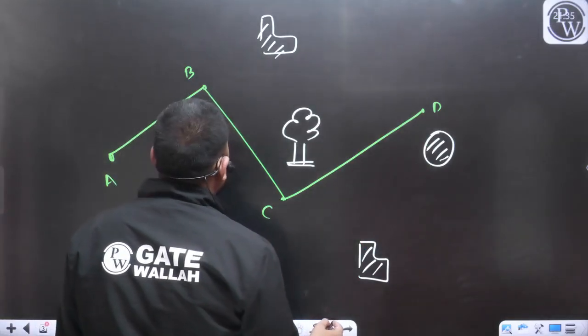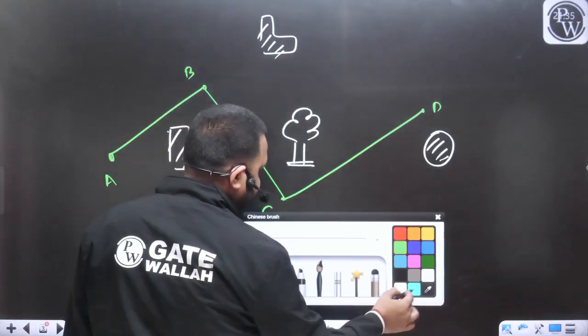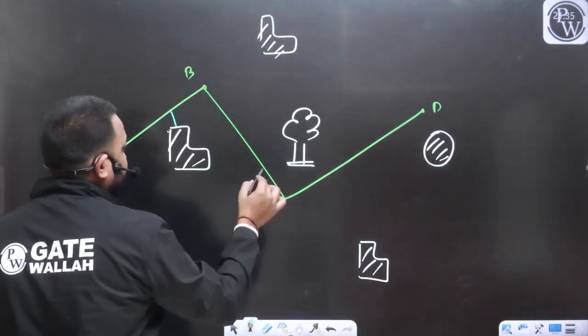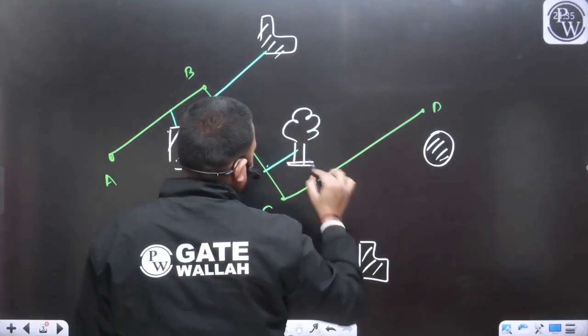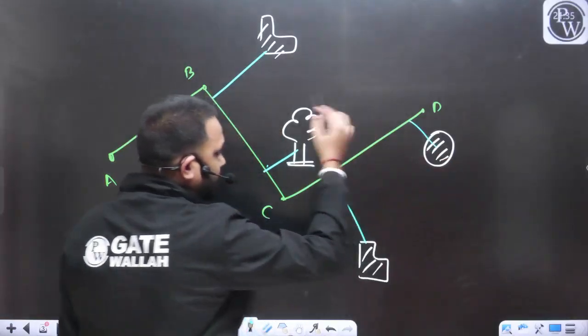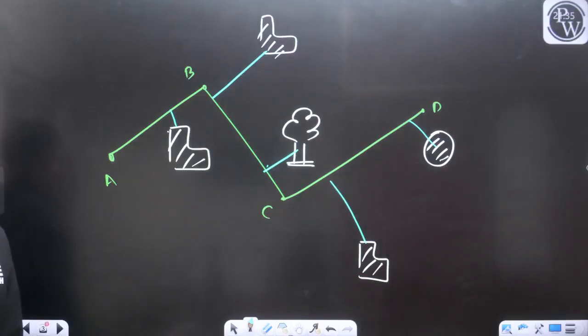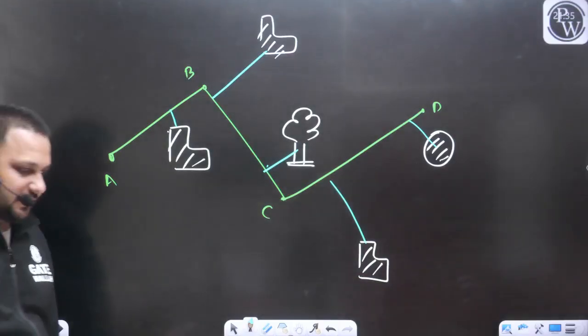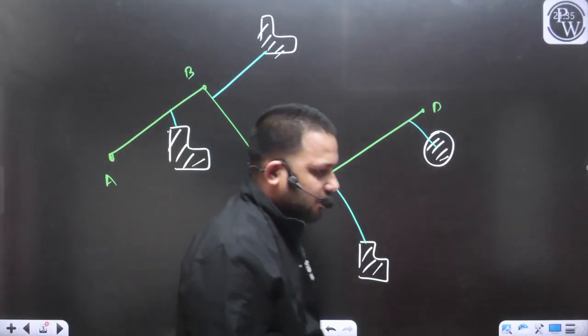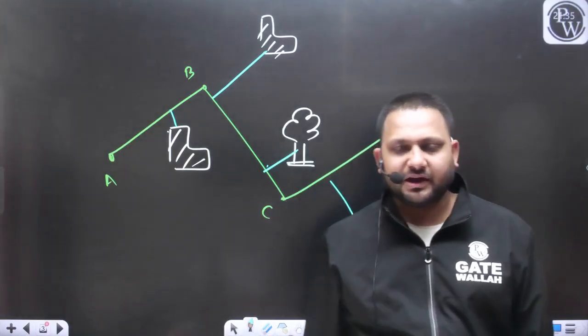So let me change the color. Let's say this is the situation. What method have we applied here for the collection of the data? This was the traversing.